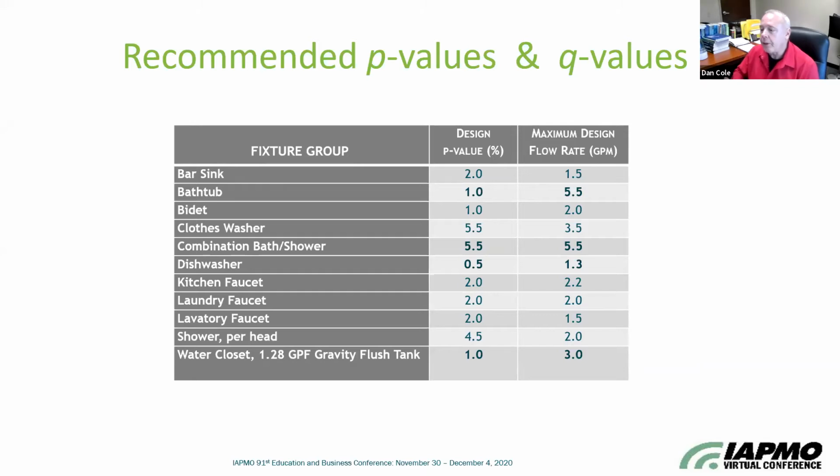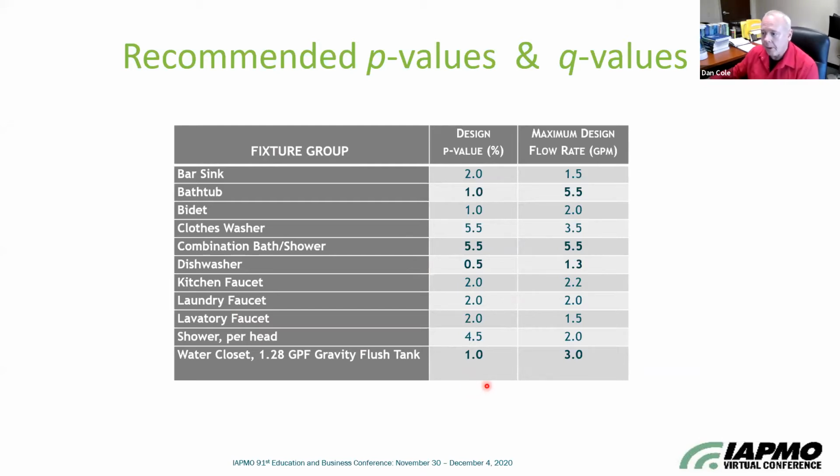So querying the database, finding those peak hours of use and waiting and gathering information, these are the values that were derived from the database. We have 2 columns here. The first column is the fixture group, and the next column are the p-values. Again, the p-value is the frequency of fixture use.